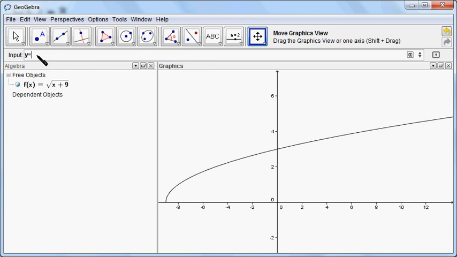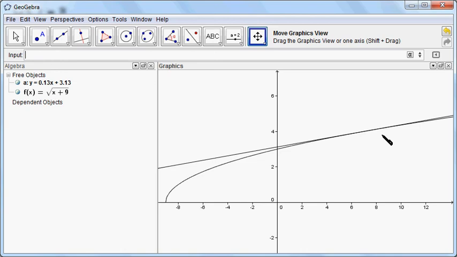Then we're going to write the tangent line: y equals 1/8 x plus 25/8. Hopefully this is the right formula.